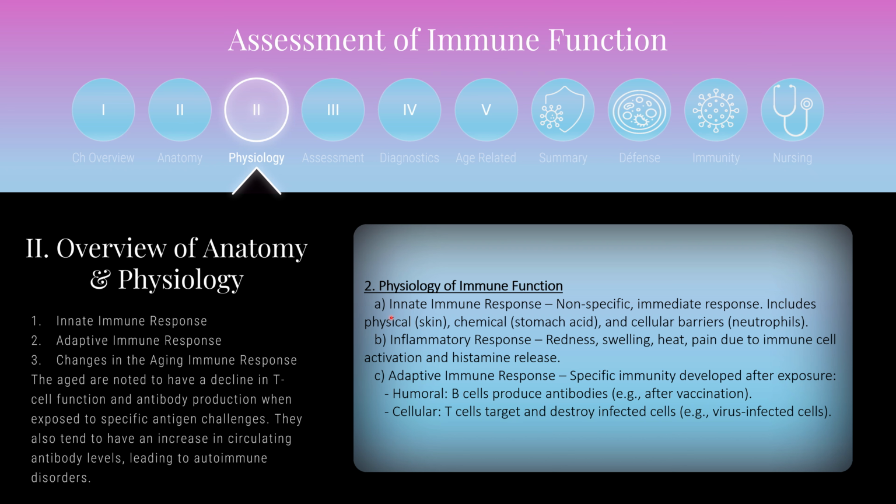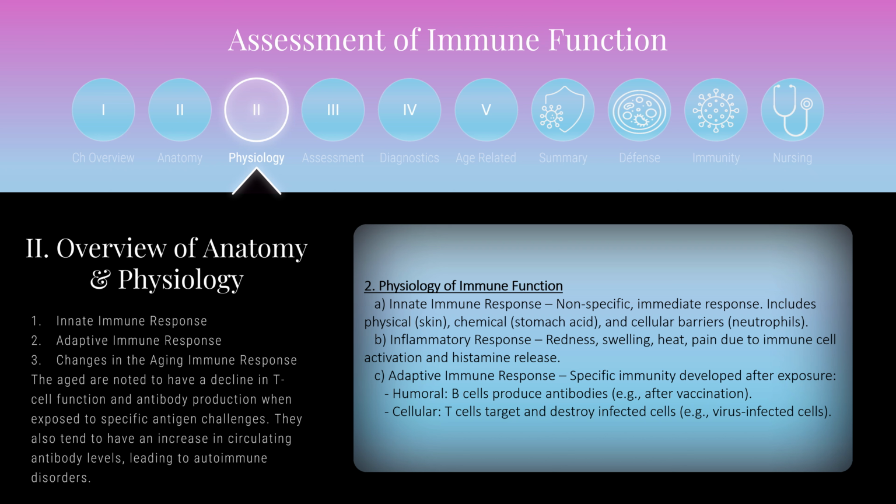And you see the innate immune response. Non-specific immediate response includes physical barriers, which is skin, chemical, the stomach acid, we like that, and the cellular barriers, the neutrophils. B. Inflammatory response: redness, swelling, heat, pain due to immune cell activation and histamine release.